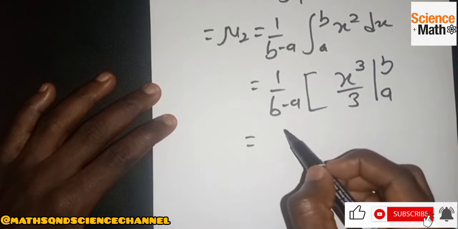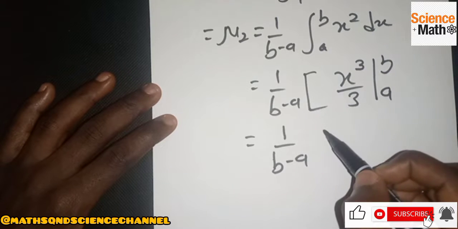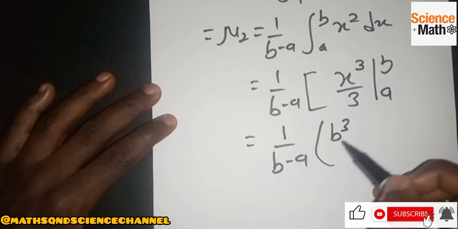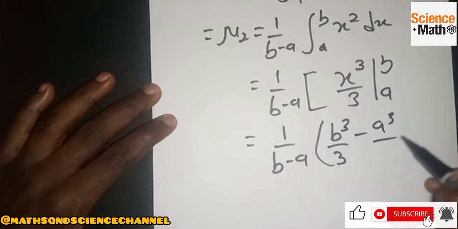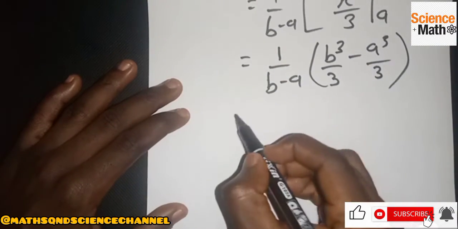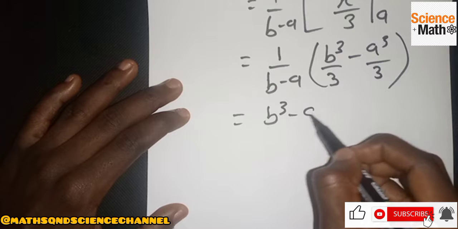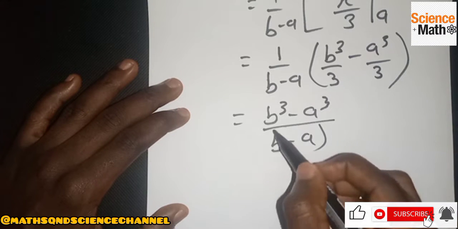So from here we have 1 over b minus a, and then we just have this to be b cubed over 3, then minus a cubed over 3, right? Then from here we just have b cubed minus a cubed all over b minus a, multiplied by 3 in the denominator.